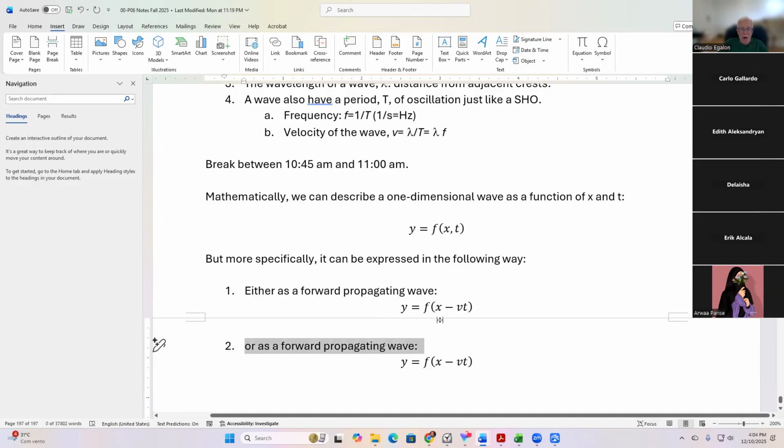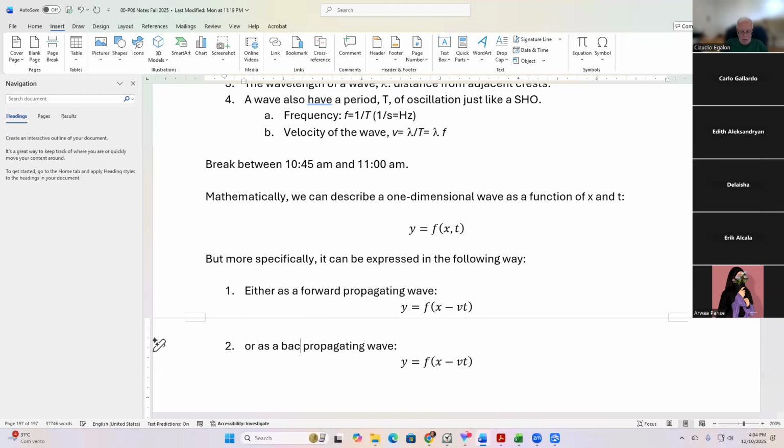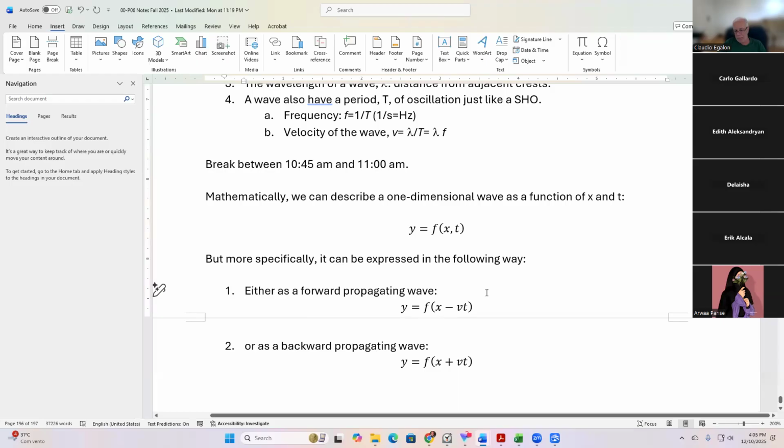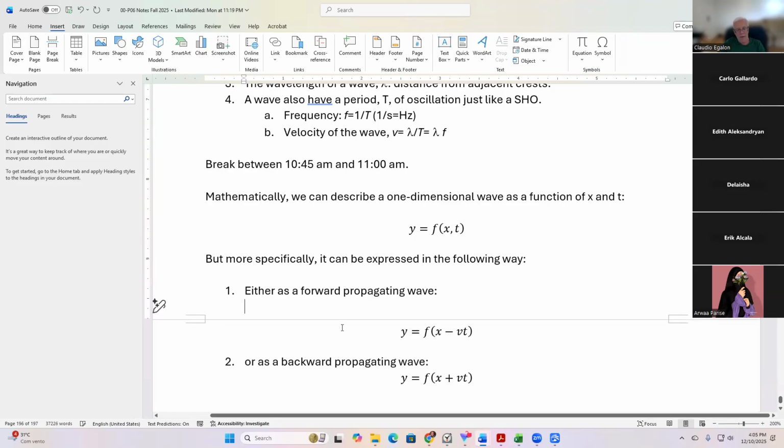Yeah, okay. Or as a backward propagating wave. And the backward propagating wave has a positive sign here. Sounds strange, right? But that's exactly how a forward and a backward propagating wave can be described.